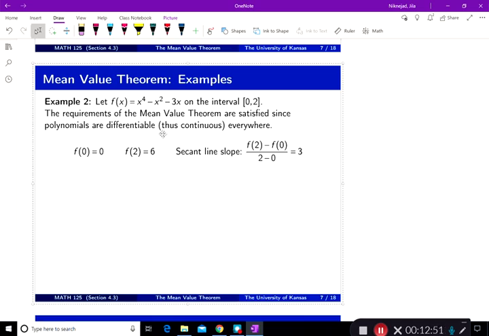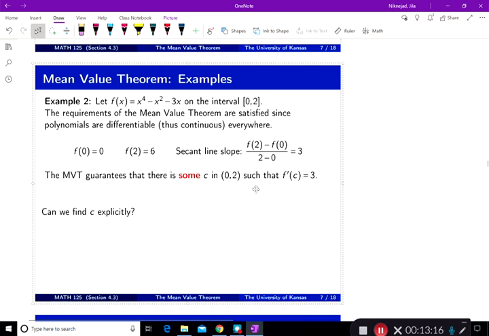For the secant line, if I plug in 0 and 2, I get 0 and 6 respectively, and then the slope of the secant line is going to be 3. And then this guarantees by the mean value theorem that there is a c in (0, 2) such that f prime of c is equal to 3. Can I solve for that c?